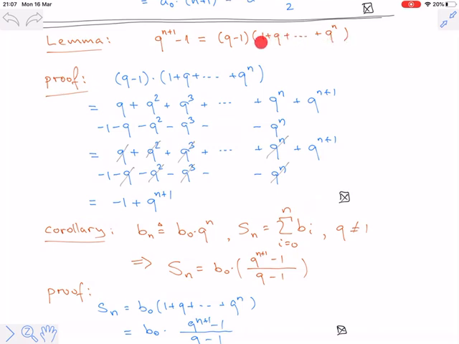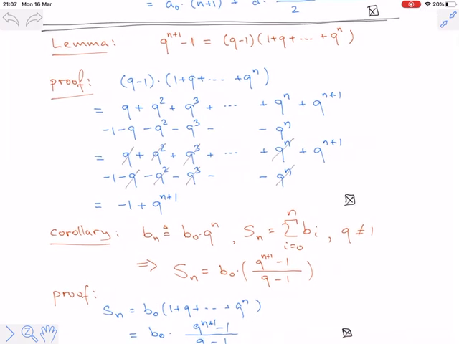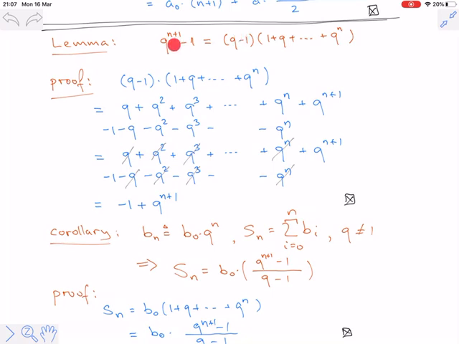This is the sum of the first n plus 1 terms of a geometric sequence in which the first term equals 1, rather than B0. And my claim is that this sum times (Q minus 1) equals Q to the power of n plus 1 minus 1. Now this lemma actually holds even if Q equals 1, right? Because if Q equals 1, this part equals 0, and this part equals 0, and I get 0 equals 0. Okay?